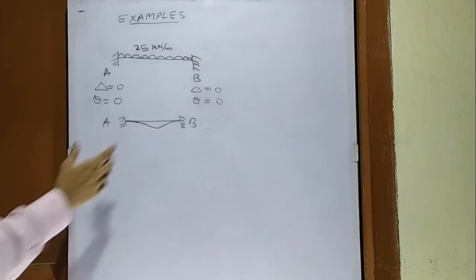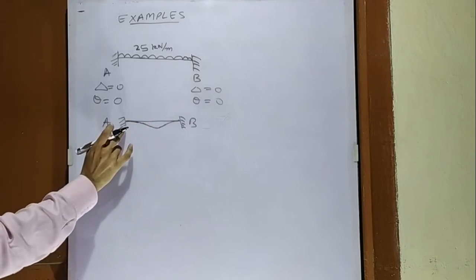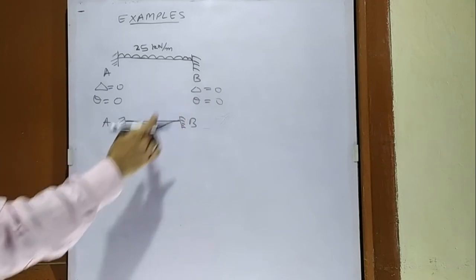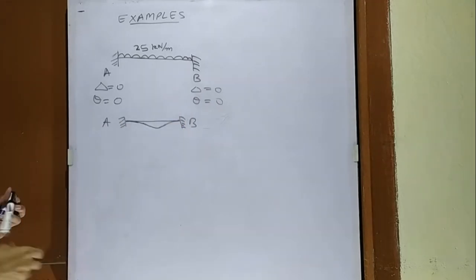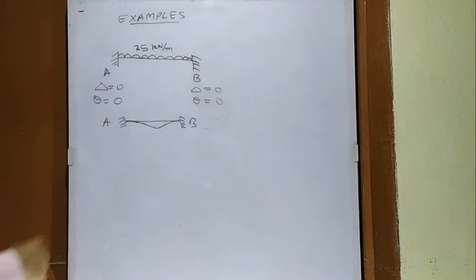We can also write here that at this point deflection will be 0 and slope will be 0, and at point B deflection and slope will also be 0. So in this way we can draw the deflected shape of this loading case.